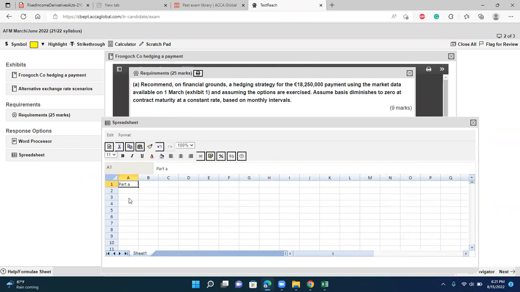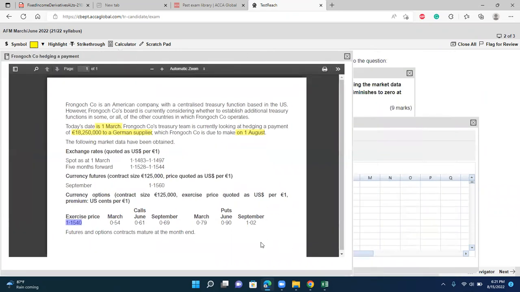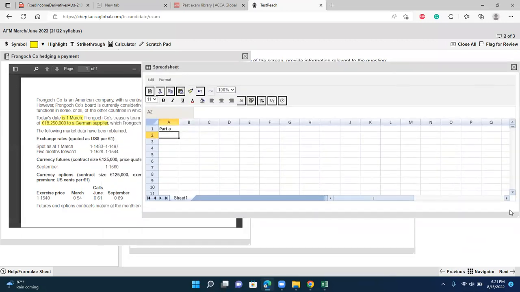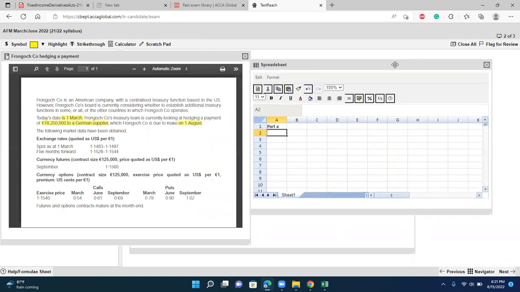Part A. Let's do the hedging. Remember, we have 3 scenarios.